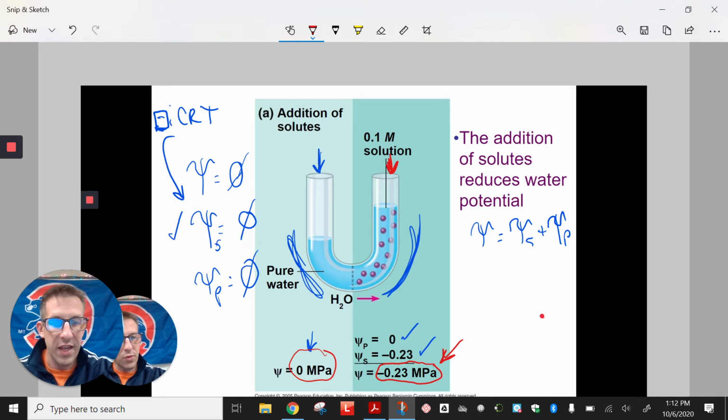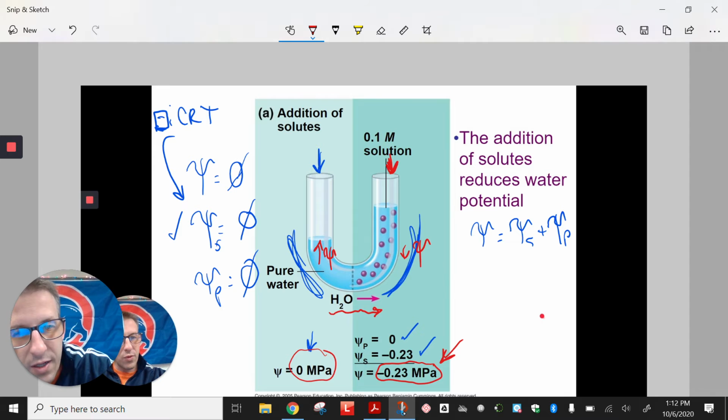I know this has a value, right? This is a value of 0.23, but it's also negative. So 0 is technically higher. So that's why we see this arrow right here moving from left to right, because this area right here has a higher water potential than this area here, which has a lower water potential. 0 is higher than negative 0.23, so water will move from here over to this side.